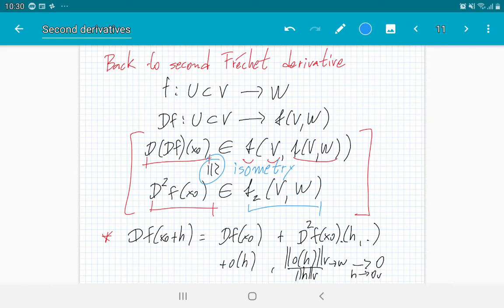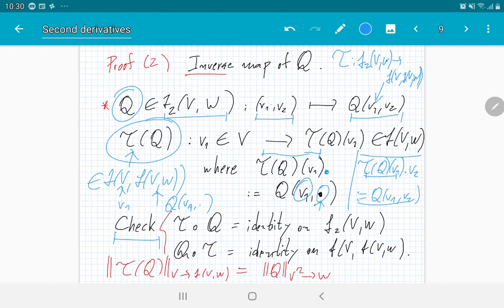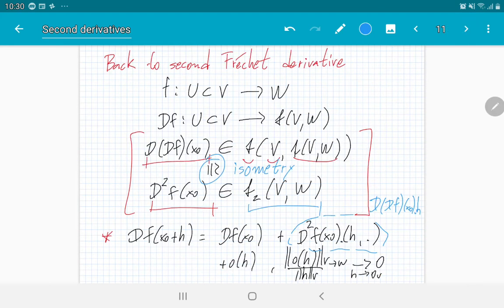And how do we write this down? Okay, so we know something like this expression if this is replaced by d of df at x naught. We showed that before. That's just the definition of the Fréchet derivative of df. But now we just saw that we can relate elements of L(V,L(V,W)) to bounded bilinear transformations like this.